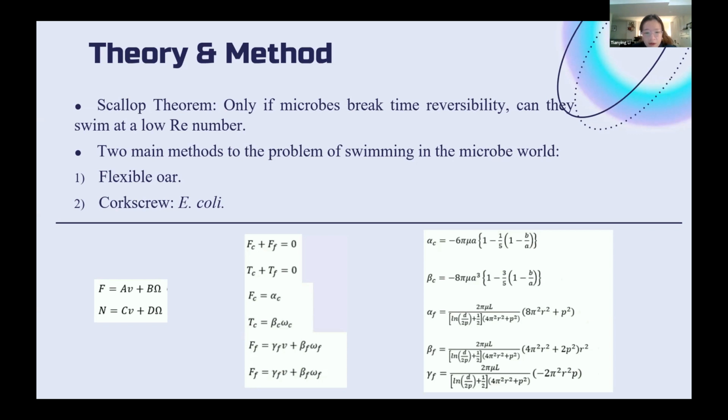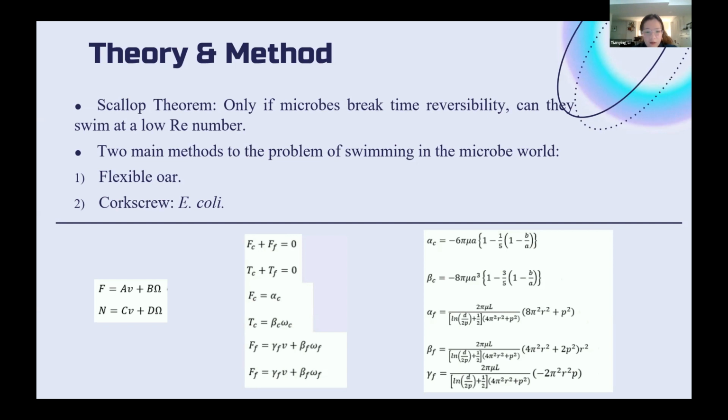Since they are doing reciprocating motions and the shells open and close symmetrically in time, they cannot swim in a low Reynolds number environment. Only if microbes break time reversibility can they swim in a low Reynolds number environment. This is what we call the scallop theorem.